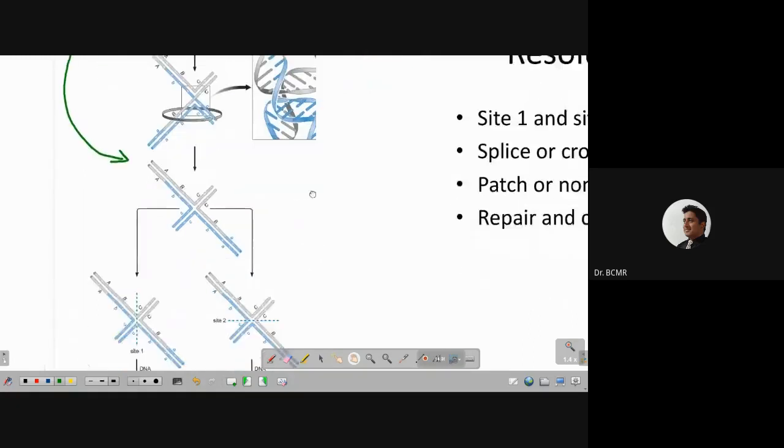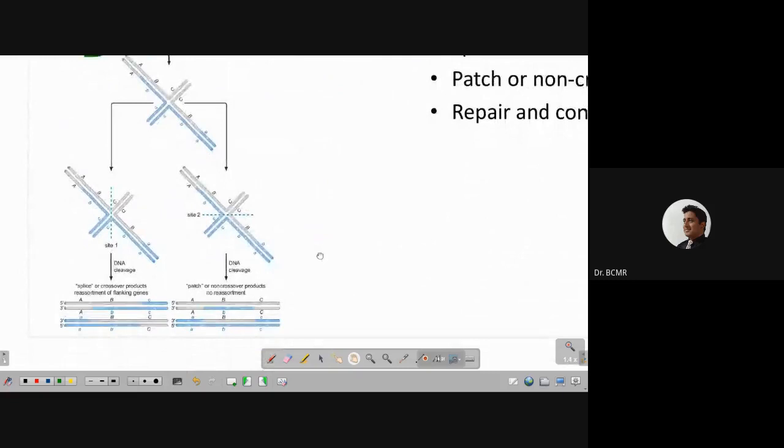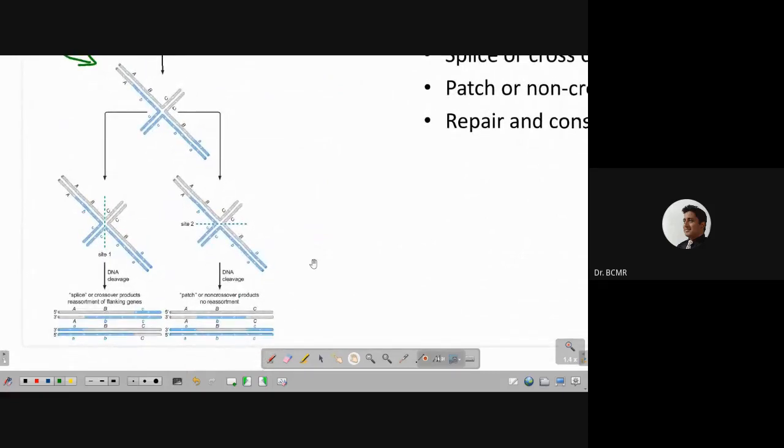In the animation that is provided, if you go through it properly, you will be able to visualize it easily. Why are we doing this reorganization? It is to be able to resolve these structures. Resolving can happen in two ways, and you should always remember that when you resolve, you should get two DNA molecules which will have genes in this order, A, B, C. It doesn't mean that it has to be small a or capital A and so on.